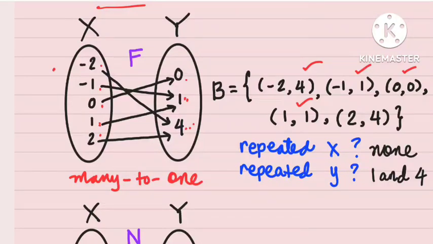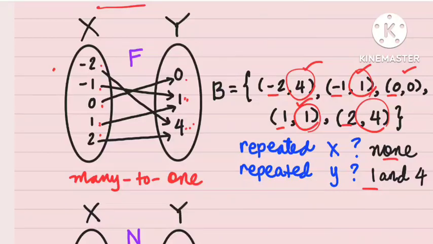Are there repeated values in our x's? Let's see: -2, -1, 0, 1, 2. None. Are there repeated values in our y? Yes. 1 appears in both ordered pairs. 4, they also appear in two different ordered pairs.